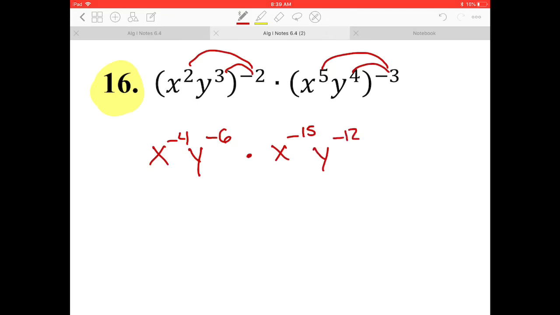There you go. So everybody has a negative exponent right now. Let's do the product property and see what happens. So we have x, this is where you add up your exponents, negative 4 plus negative 5. This is x to the negative 19th power. And then for the y's, negative 6 and negative 12, negative 18th power.